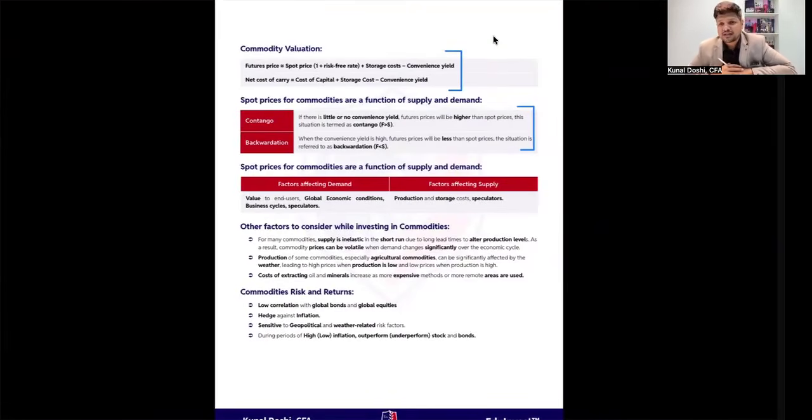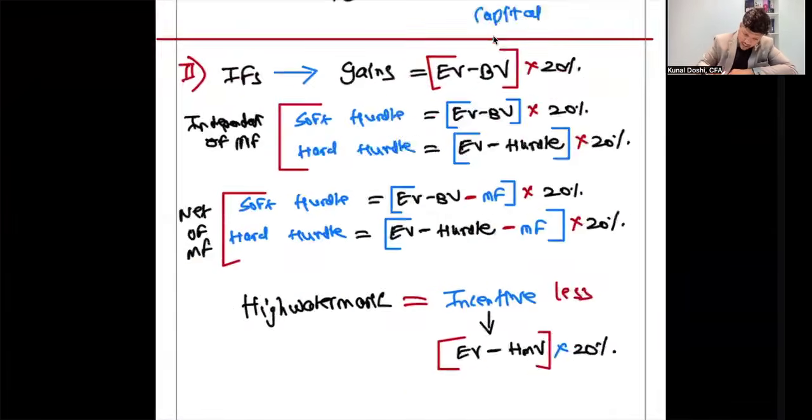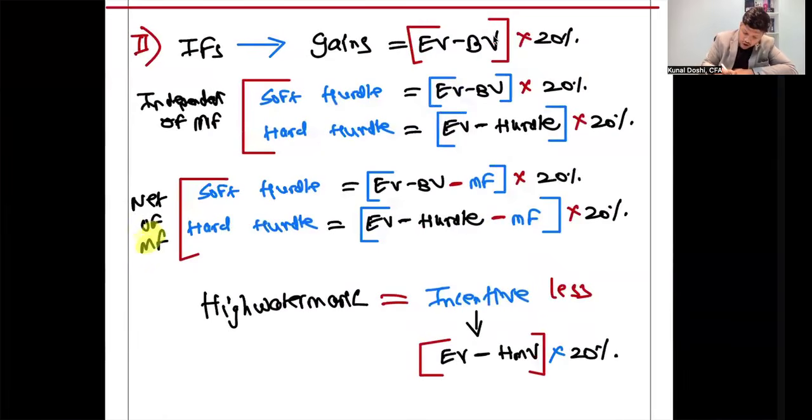I have seen a question, a long question. You can always unmute and ask: is the management fee also subtracted when calculating return on a high watermark basis? Now that depends. Maybe you haven't attended the session. Again, it always depends whether they've given net or independent. They will provide you that. There's no default assumption. If they provide you net, always subtract the management fee, irrespective of watermark or not, irrespective of soft or hard hurdle.